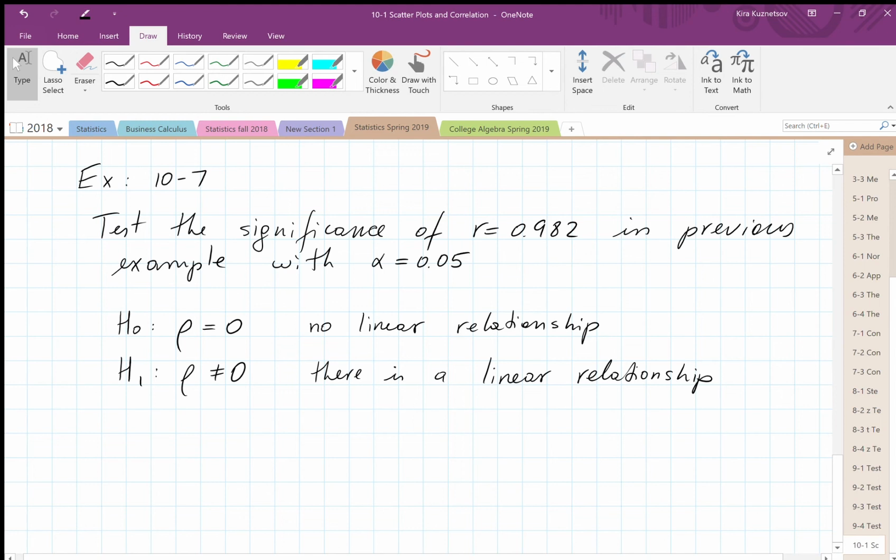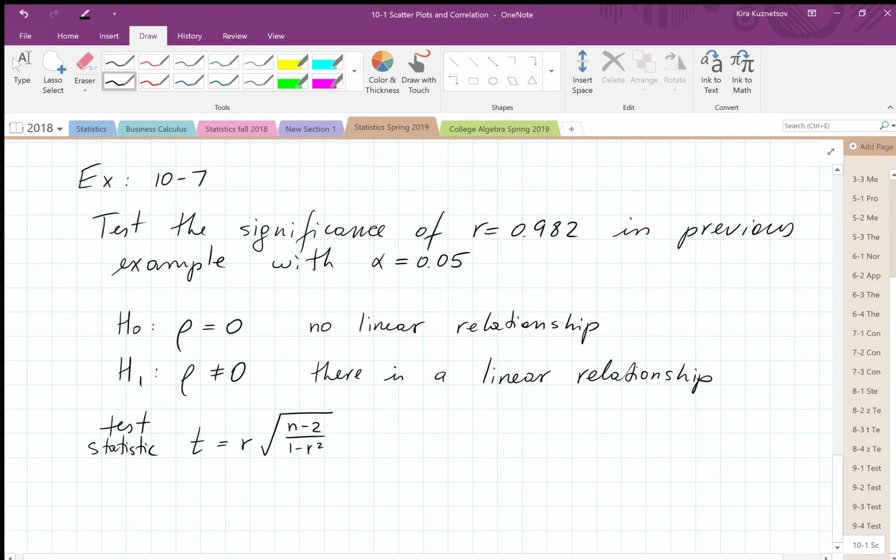The test statistic that is used in a regression analysis is actually a t-test statistic. So we take t to be r times the square root of n minus 2 over 1 minus r squared.